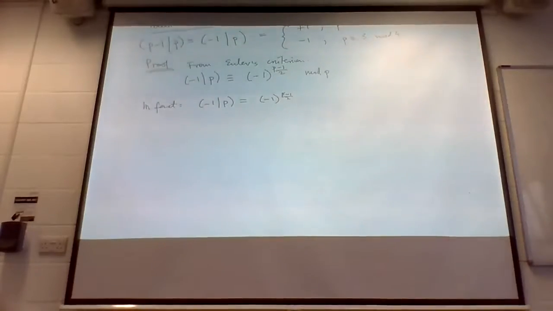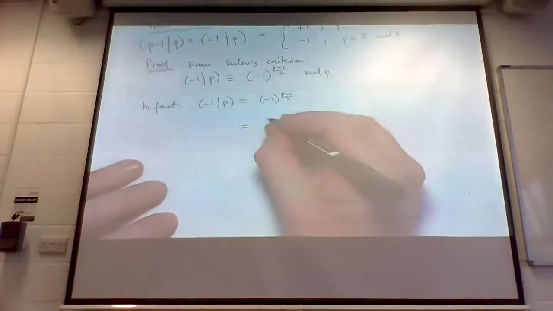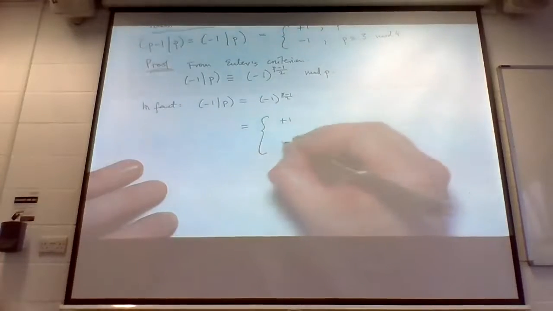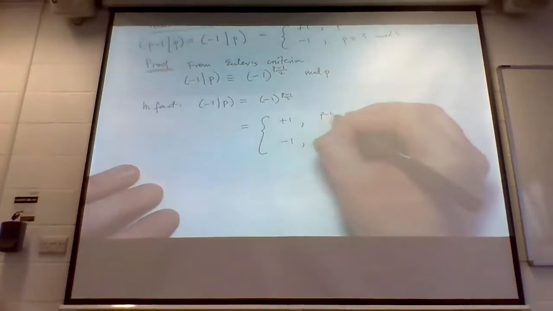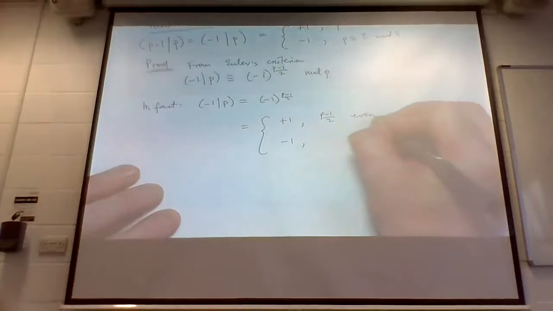And when is it which? Well, you know when powers of minus 1 come out as plus 1 or minus 1. The power comes out plus 1 when the exponent is even, so in the case where (p minus 1)/2 is even.